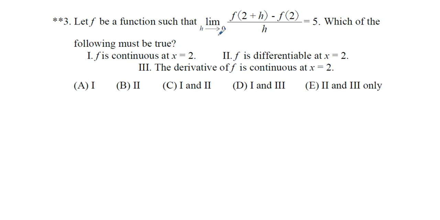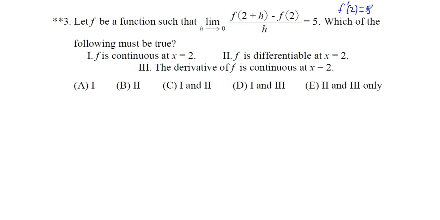Problem 3: let f be a function such that the limit as h approaches 0 of f of 2 plus h minus f of 2 over h equals 5. Which of the following must be true? What this tells you is, if this function is f, that f prime of 2 is equal to 5.